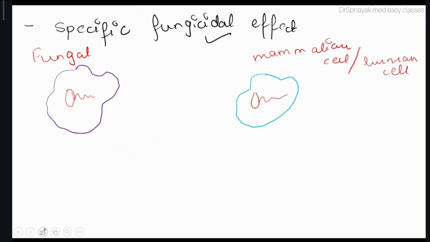There are intracellular bodies present inside the fungal cell and the mammalian cell. Now there are very small structural differences in the plasma membrane, or the cell membrane, between the fungal cell and the mammalian cell.